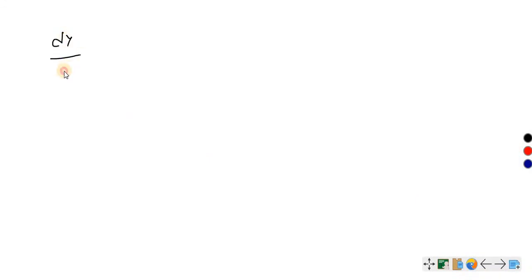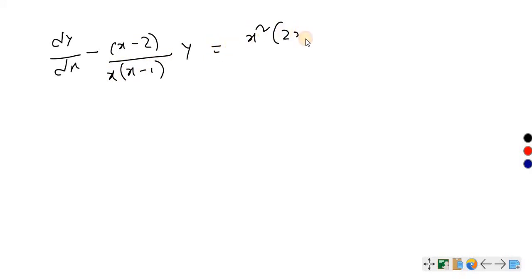dy/dx − (x − 2)/(x(x − 1)) y = x²(2x − 1)/(x(x − 1)). So this is the form of the linear differential equation.